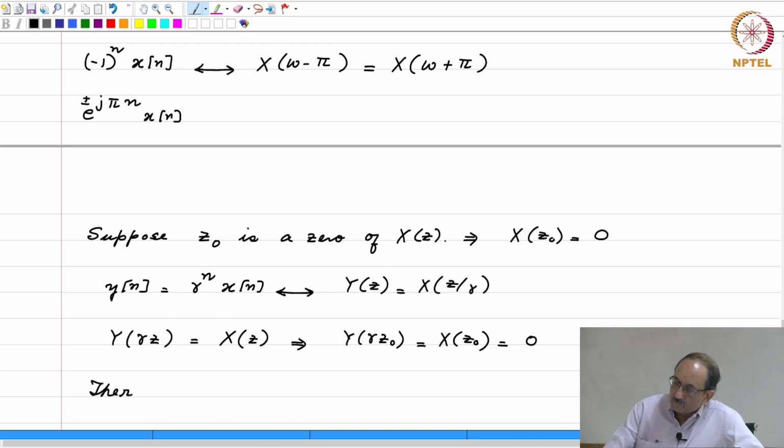Therefore, gamma z naught is a 0 of Y(z).